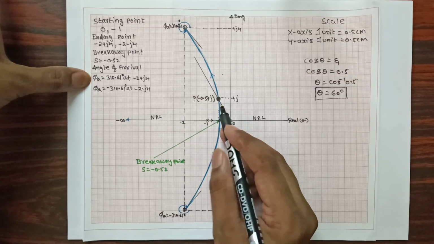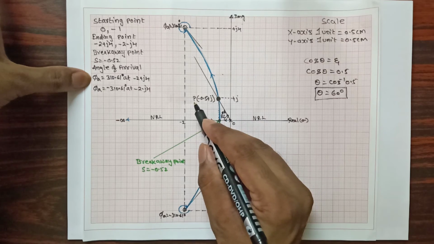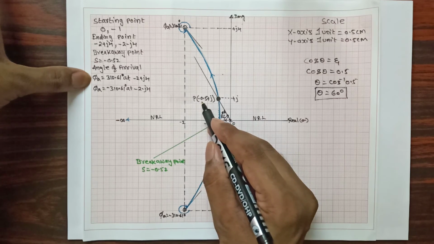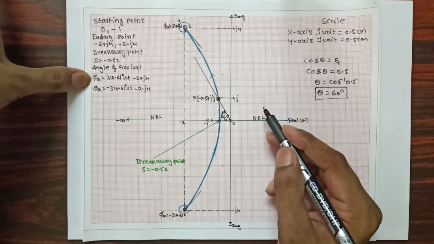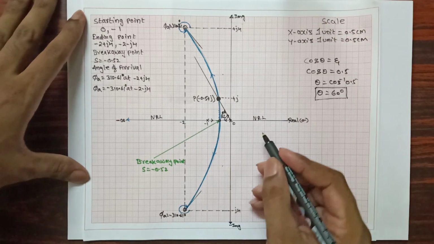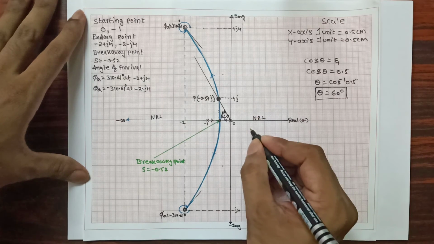Now in this problem the angle intersects the locus only once, therefore I am naming that point P, and the value is minus 0.5 plus j. Now for this value I am going to calculate the K value, by applying the magnitude condition.